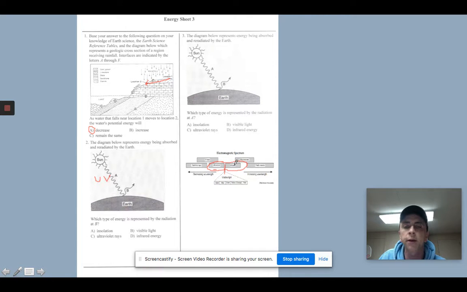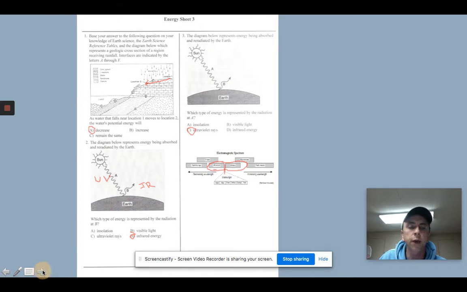And then as they get re-irradiated, they're longer wavelengths, right? Increase in wavelengths. And these are, I'm going to put IR for infrared. Okay, so the answer here, energy B, is infrared, choice D. And then here, number 3, they're asking you what is represented by A. Well, I just marked it up over here, right? UV, ultraviolet.